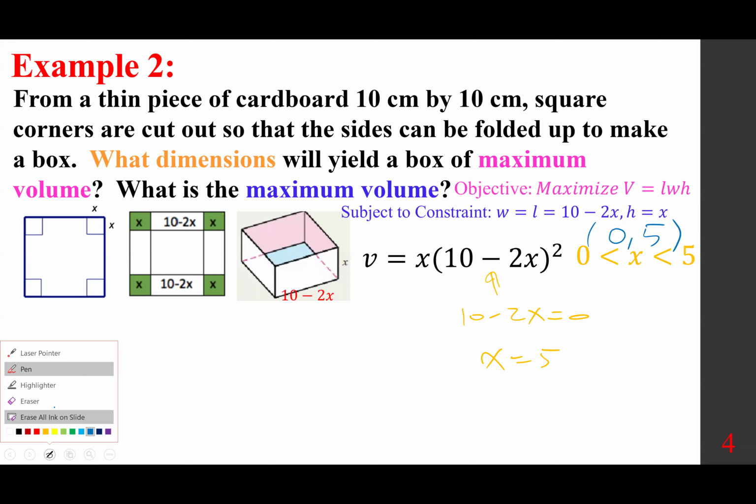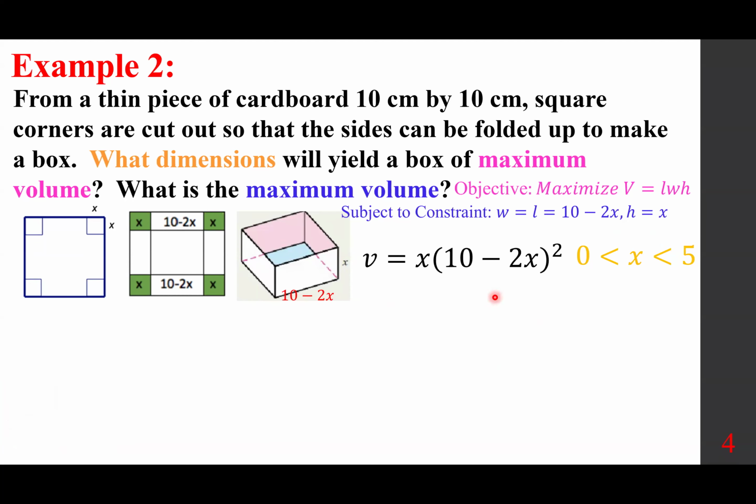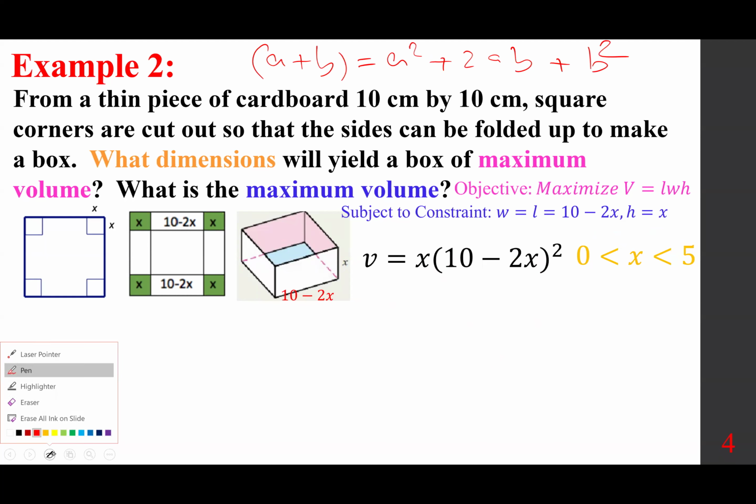Let me actually erase my work because we need the space. So this, we are going to square it, and it's a squared plus 2ab plus b squared. If it's negative, this becomes negative.